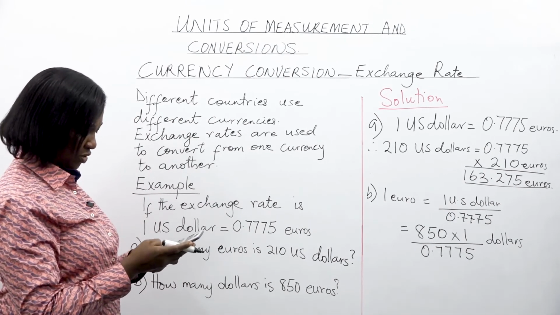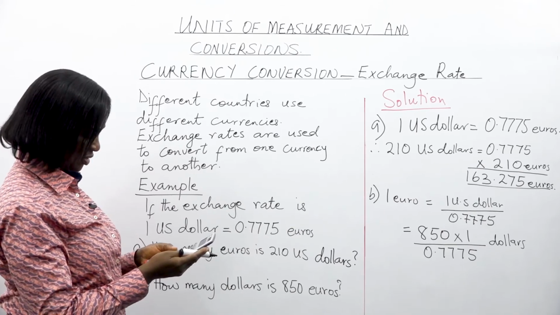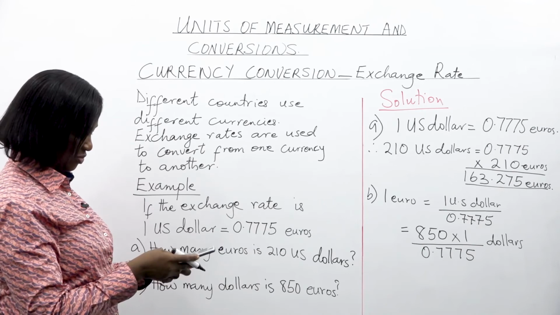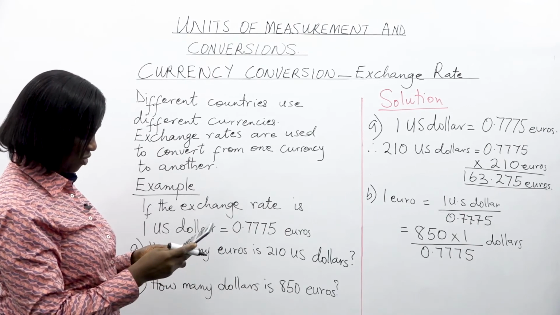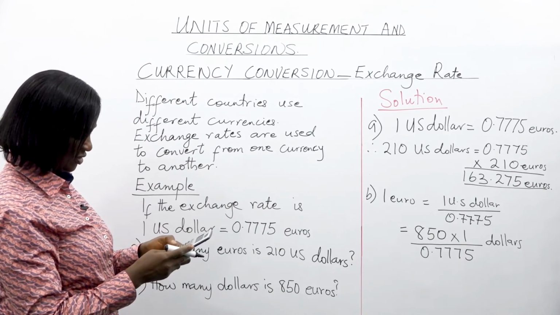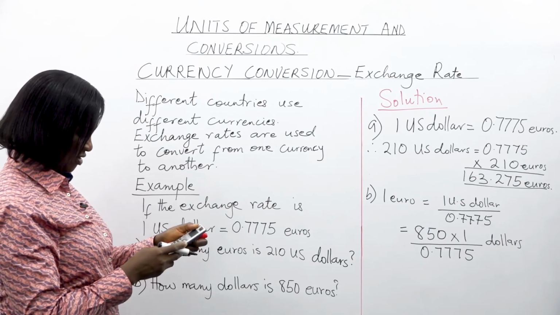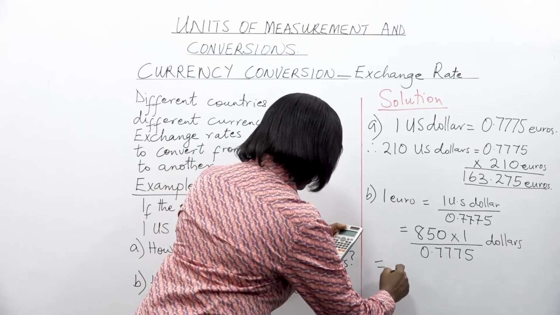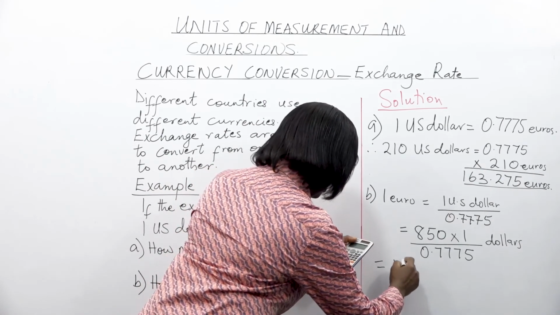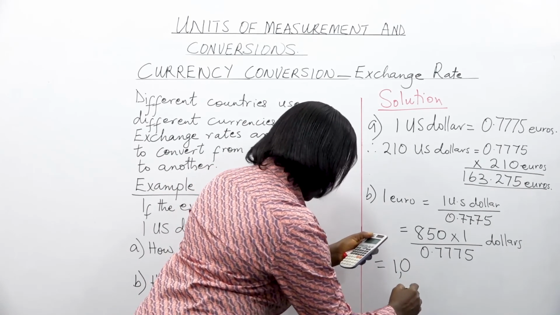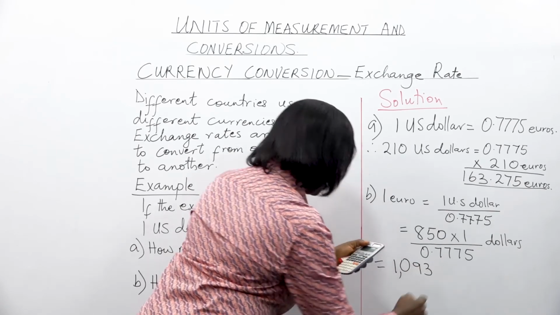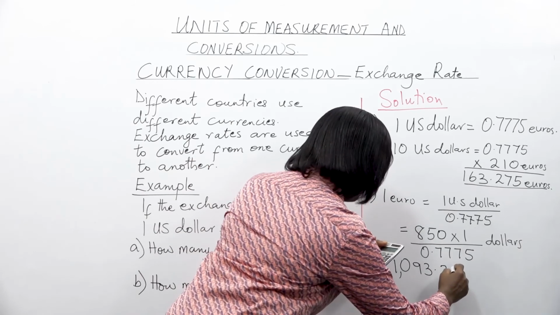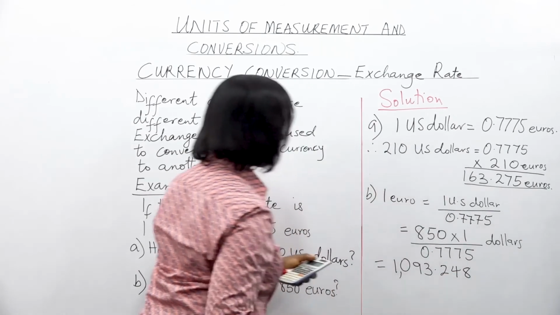So, if we use our calculator, 850 divided by 0.7775, and that gives us $1,093.248.